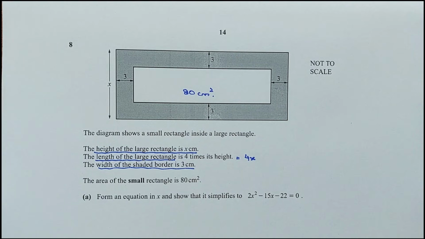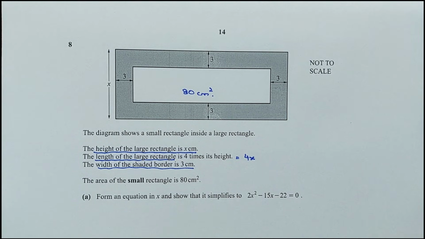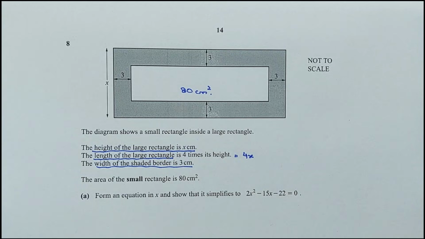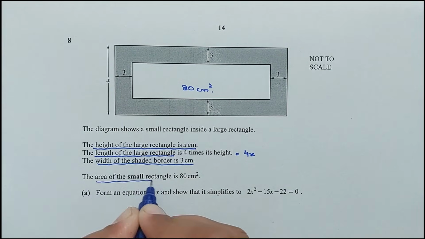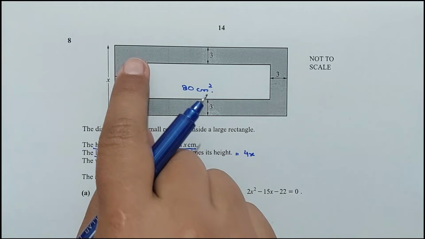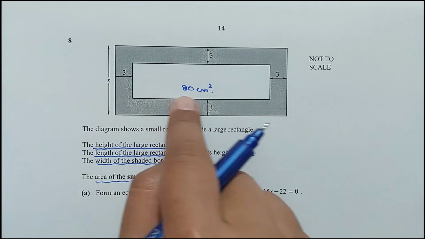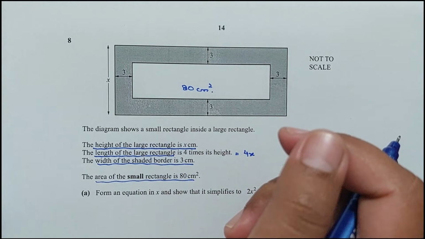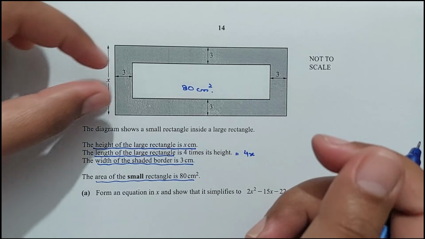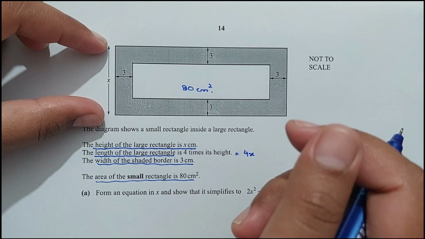Part 1, form an equation in x and simplify it to a quadratic equation, right? So the area of a rectangle is length times width. We have to find what is the length of this rectangle and what is the width of this rectangle, right? Okay, so the height and the length, sorry. So this height is x, right?